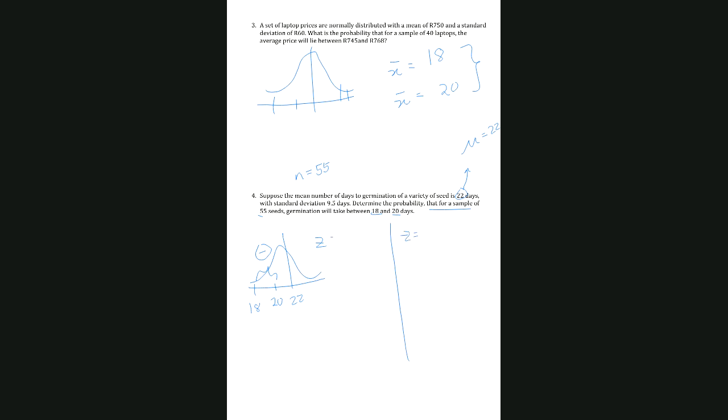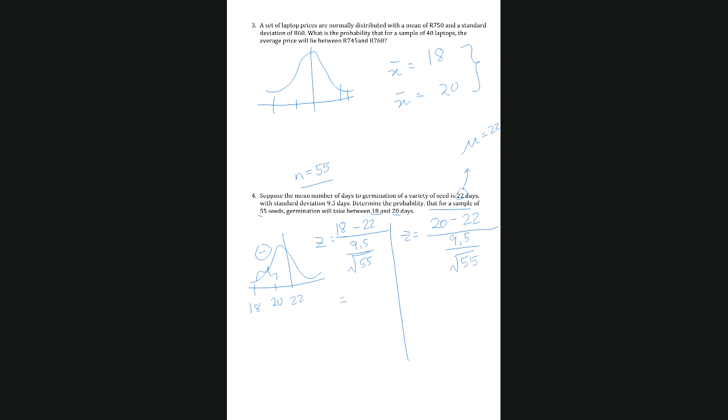So the first time around, 18 is your sample mean, less the population mean of 22, over the standard deviation, which is 9.5, over the root of n, which is 55. The same here on the right, but now we have 20 as our sample mean, less the 22 over 9.5 over the root of 55.